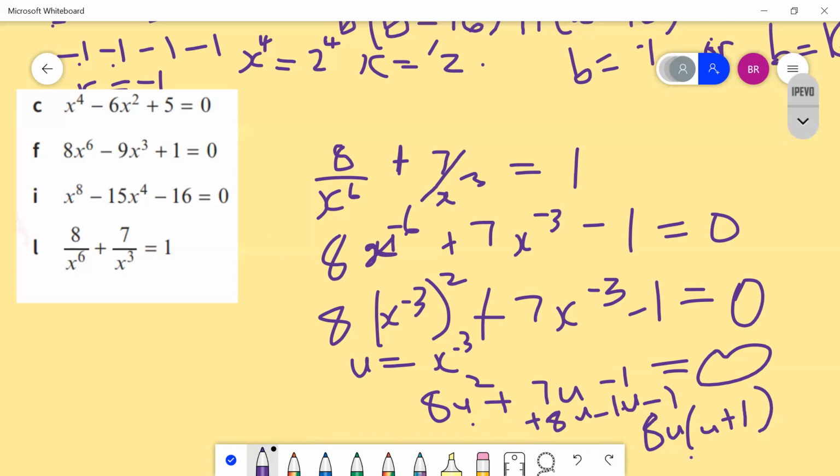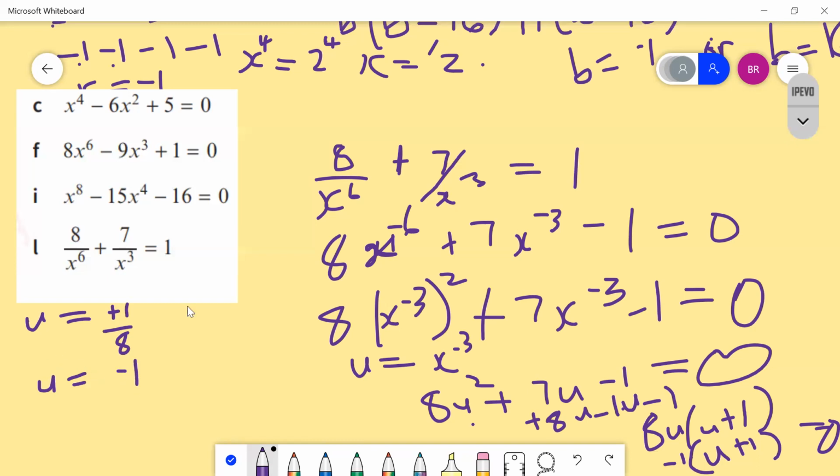If you factor out minus 1 like this, we're going to have u plus 1 again. So u plus 1 is common, and all this is equal to 0. This means that 8u minus 1 is either 0 or u plus 1 is equal to 0. So u is equal to plus 1 out of 8, or u is equal to minus 1. That's correct.